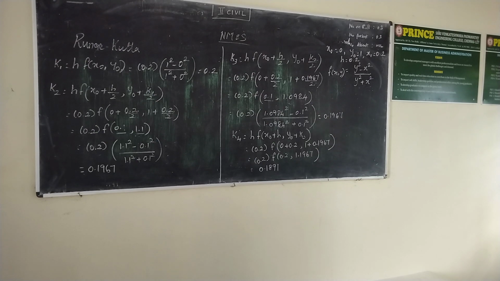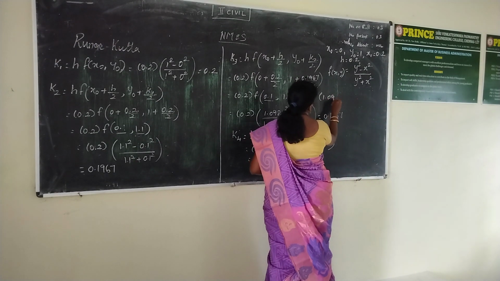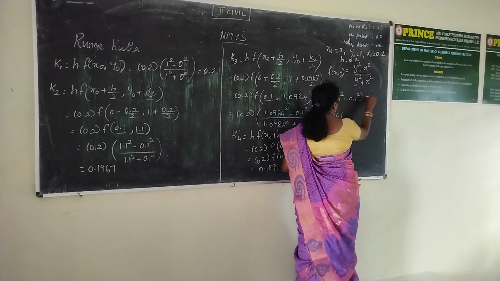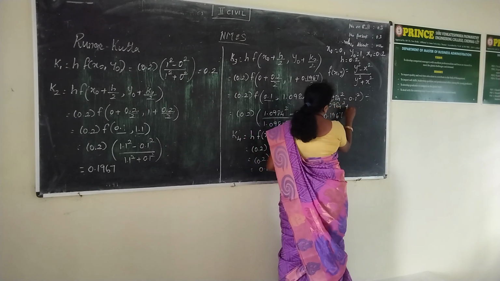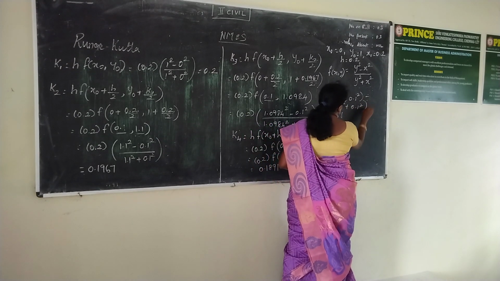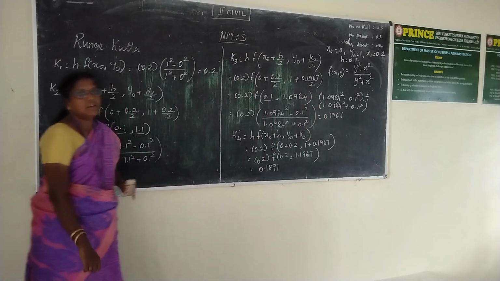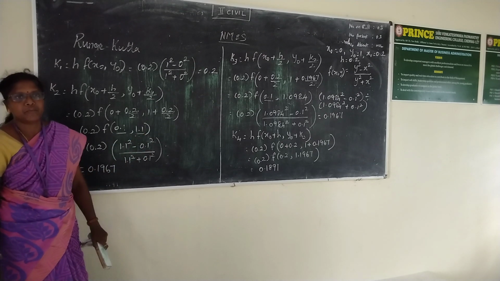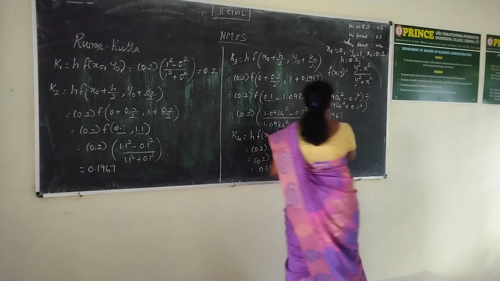So input the data in the calculator, do it carefully, ma'am. 1.0984 square minus 0.1 square divided by 1.0984 square plus 0.1 square. Put it like this, in one single line. Then you will be getting an answer, multiply that answer with 0.2. So K4 is 0.1891.